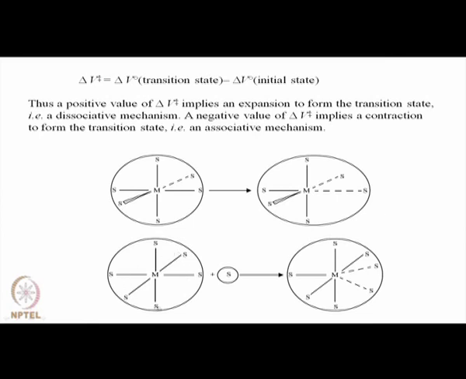In the other case, the total initial volume is more compared to the final volume. So, just by looking at delta V activation, we can predict whether the solvent exchange is dissociative or associative.